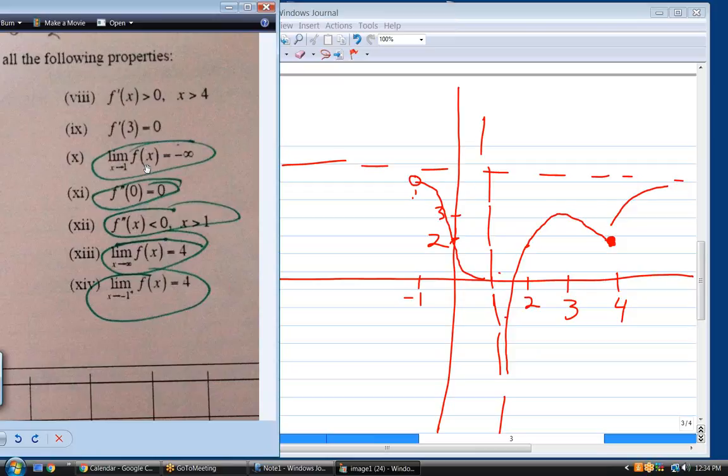Oh, I didn't put an asymptote. Right. Not only is it an asymptote, but it also tells us that as we approach 1 from the right and the left, it's -infinity.